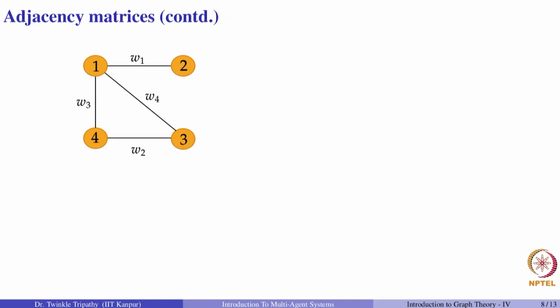So, again let us quickly calculate the adjacency matrix for this graph. We see 1 shares an edge with 2, 3 and 4, hence it becomes like this.